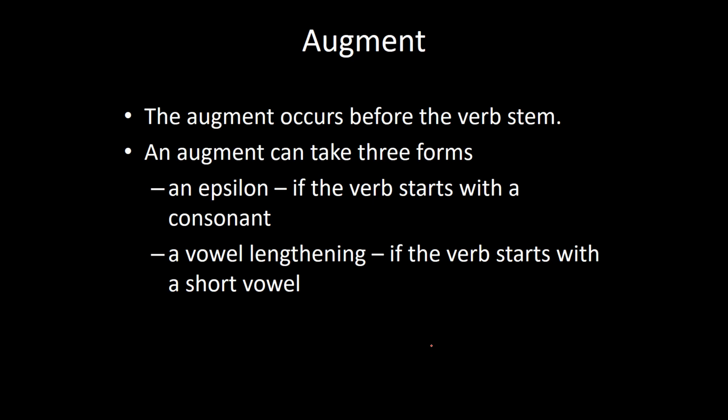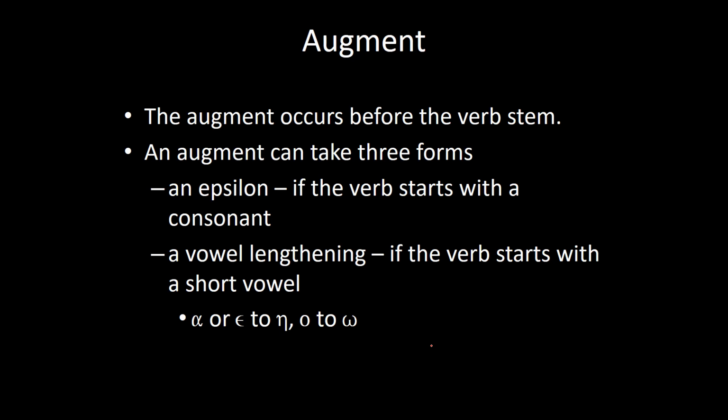The second type we'll call a lengthening. This is a vowel lengthening. If the verb starts with a short vowel, we're going to lengthen it to a long vowel. So if we had an alpha, it would lengthen to eta. If we had an epsilon, it would lengthen to eta. And if we had an omicron, it would lengthen to omega.